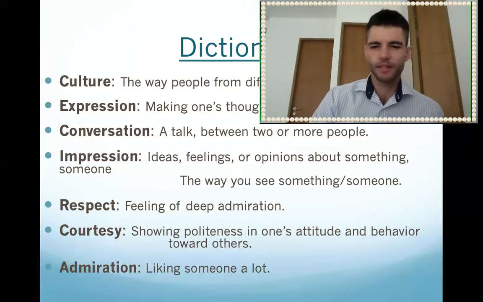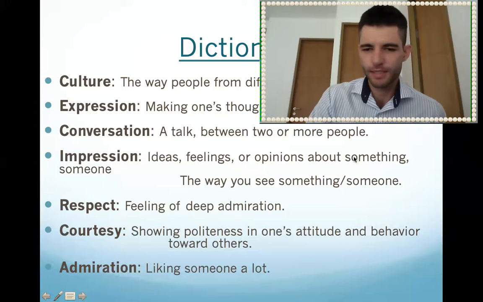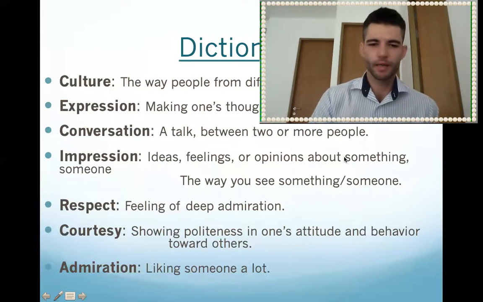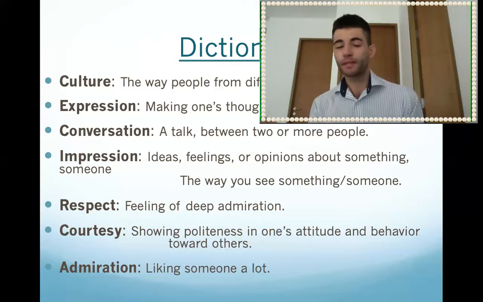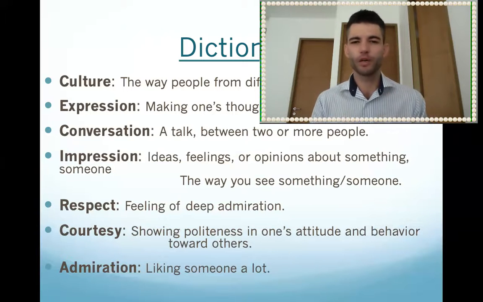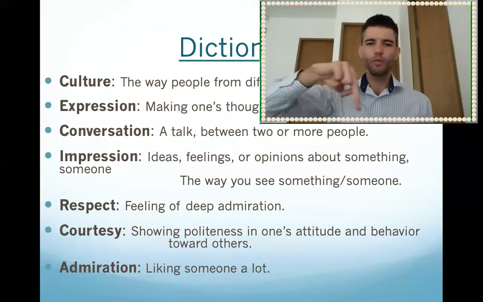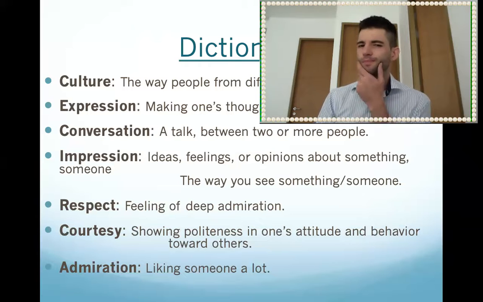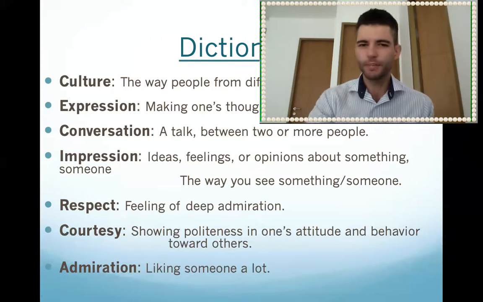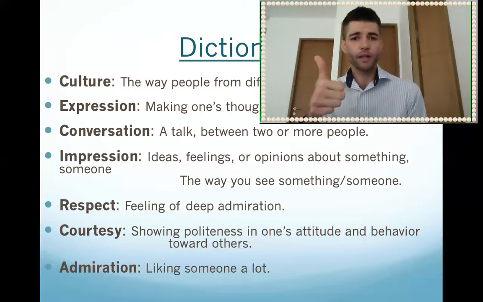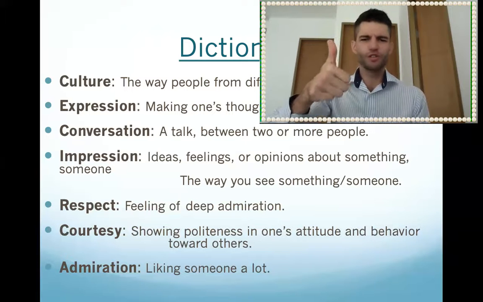So you can see the word something, and the word someone. So you can have an impression about someone. So maybe you see someone walking and you can look at them and you say, I have an impression about that person. My impression is he dresses quite well. His hair is good.